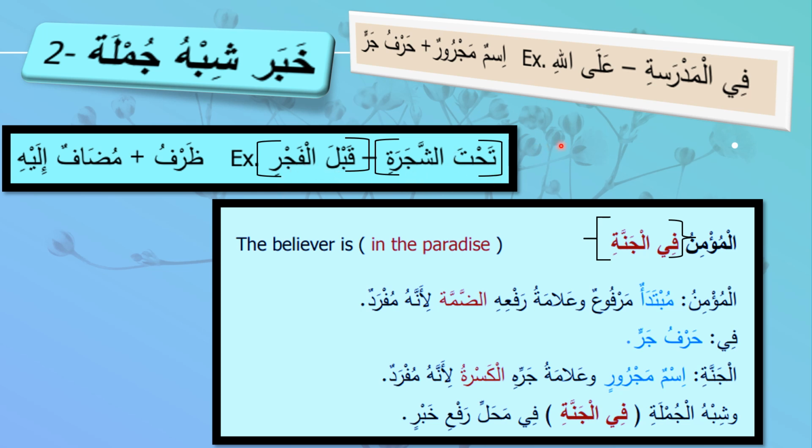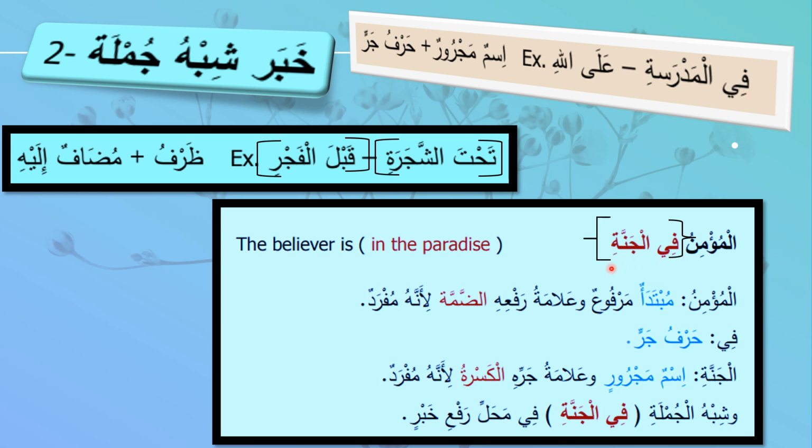Now let's do the example and i'rab on the shibh jumla. Al-mu'minu fil jannati. Can you see the sentence al-mu'minu? This is a normal jumla ismiya. By the structure of the sentence, you will know that al-mu'min is in the position of mubtada. What about the khabar? Can you see a single word here? No, there is no single word. That's why I have marked it in brackets. The khabar now is coming as a shibh jumla.